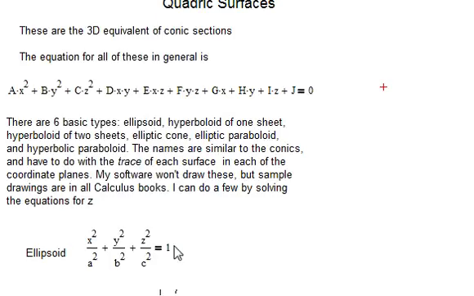For example, if you solve this for z, you get z equals c squared times the square root of 1 minus x squared over a squared plus y squared over b squared.